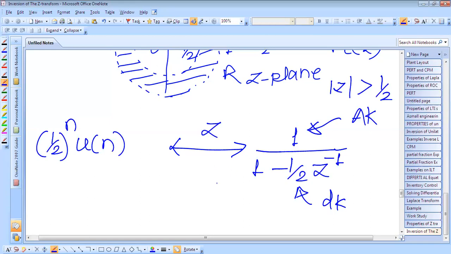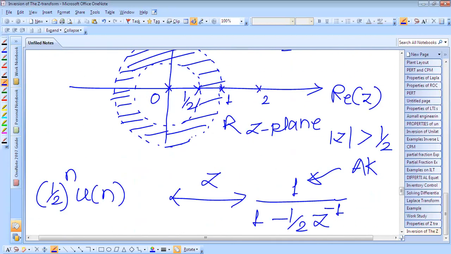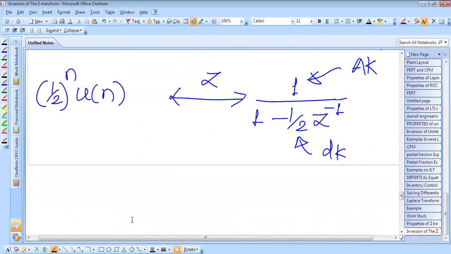Now we'll go for the second term, 2 over 1 minus 2 z raised to power minus 1. We find its inverse Z transform, and finally we'll add each term together.